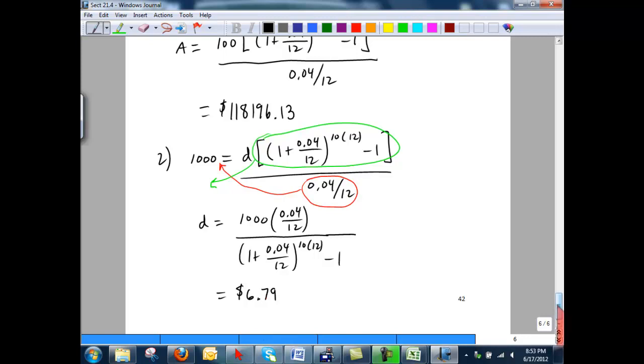Alright, that finishes Module 4. And to summarize, in sections 1 and 2 of Chapter 21, we talked about the situation where you put down a single deposit and allowed it to accumulate over time, and then ask what is the amount at the end, either using simple or compound interest.